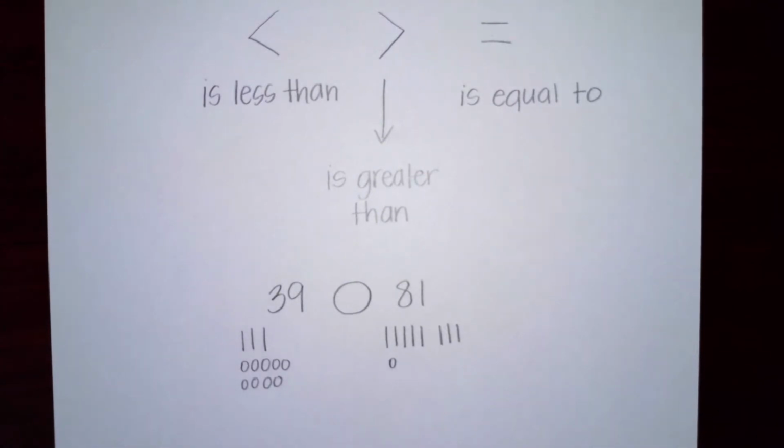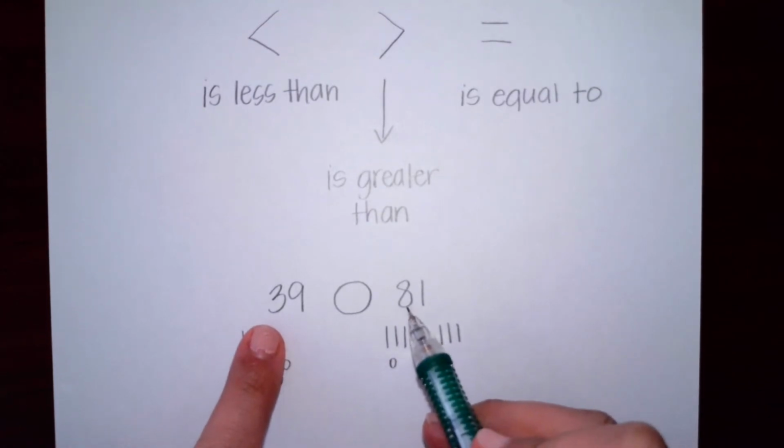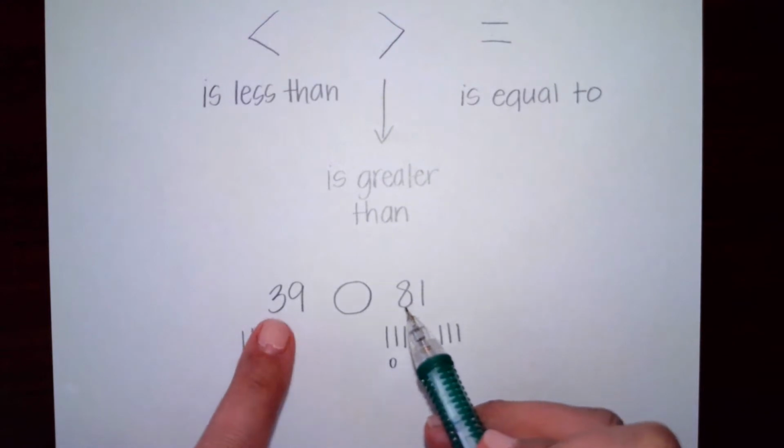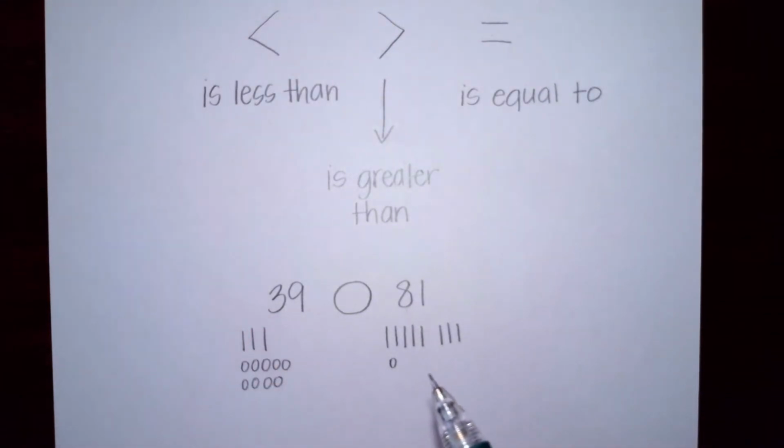So how do I know which one I use? Is it to tell me if it's greater than or less than? When you are comparing numbers, you always look at the number that's furthest to the left. So the very first number is going to be the number that I look at to tell me if something is greater than or less than.